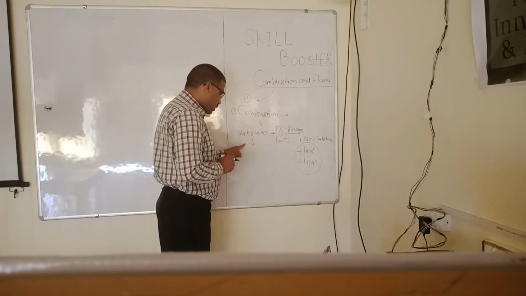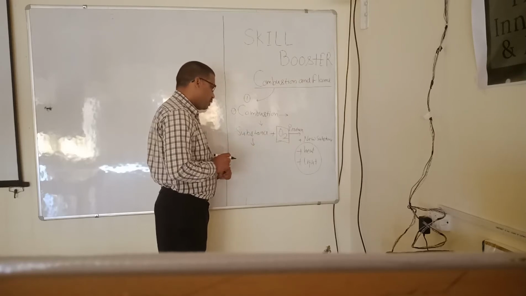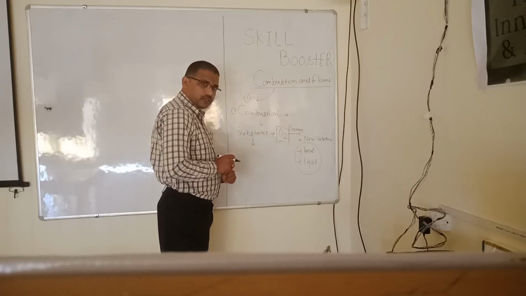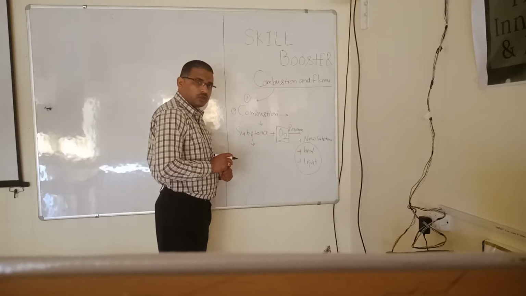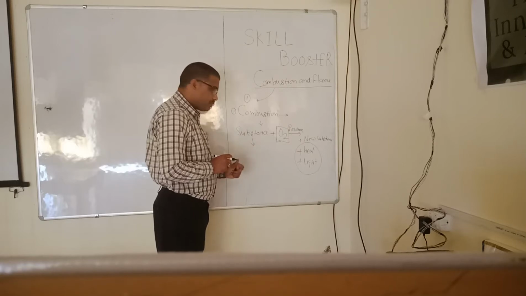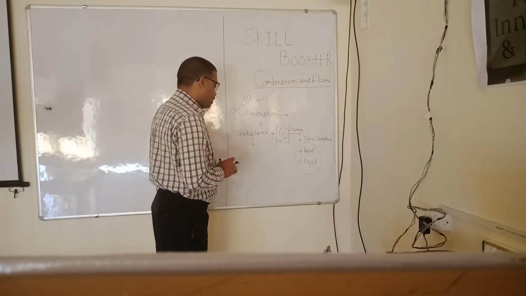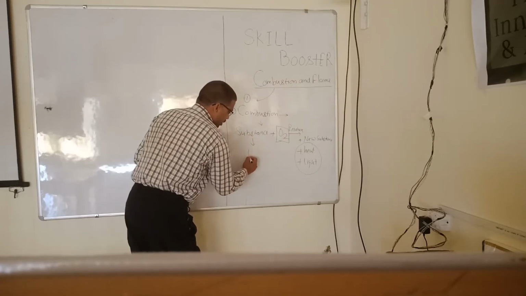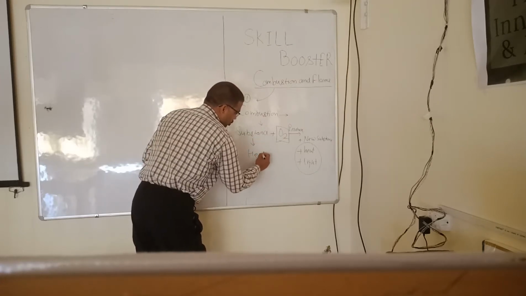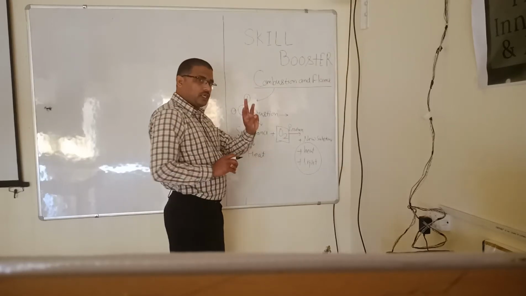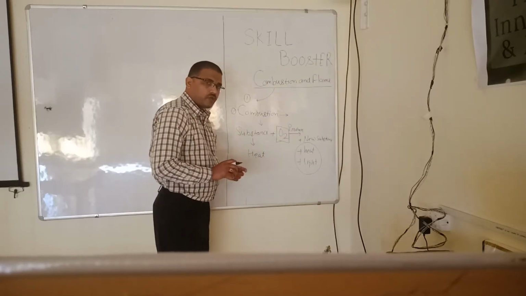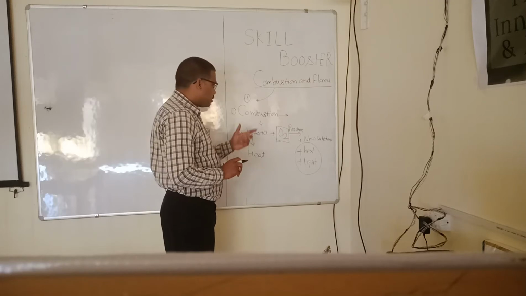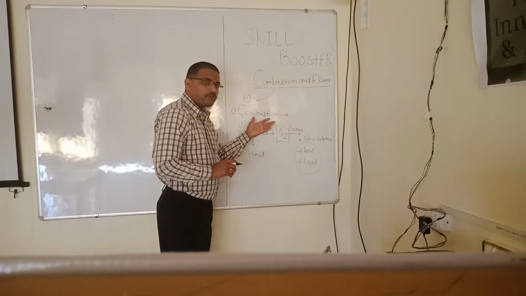Now if these two things are present but heat is not there, the reaction is not going to take place. That means another thing which is also required for the combustion is heat. So these are the three essential things which are required when the combustion wants to take place.